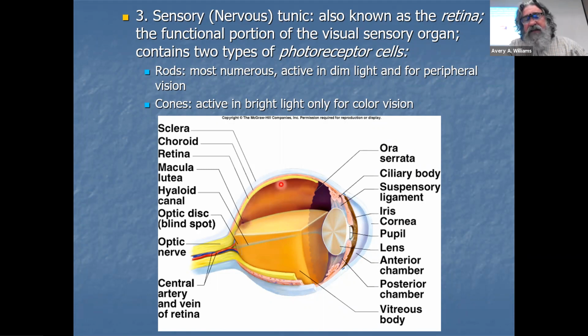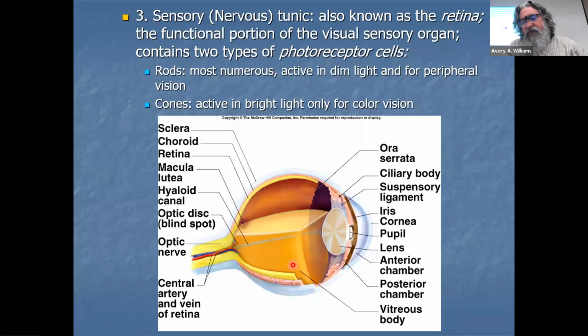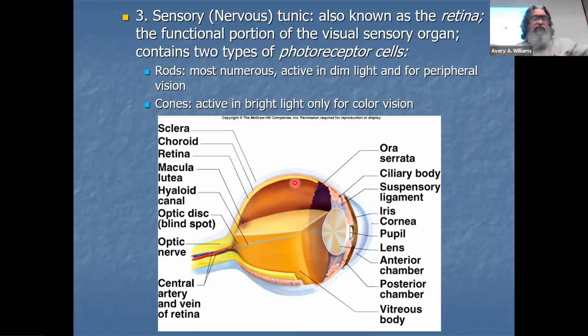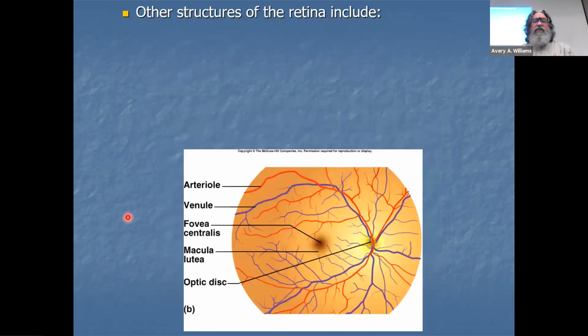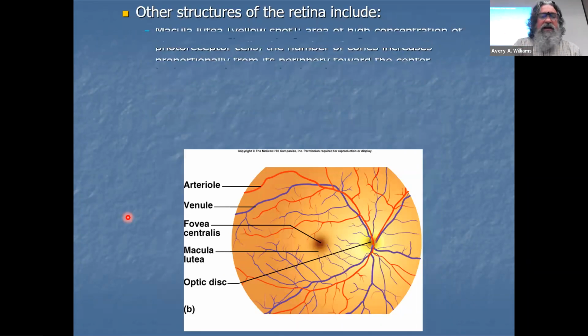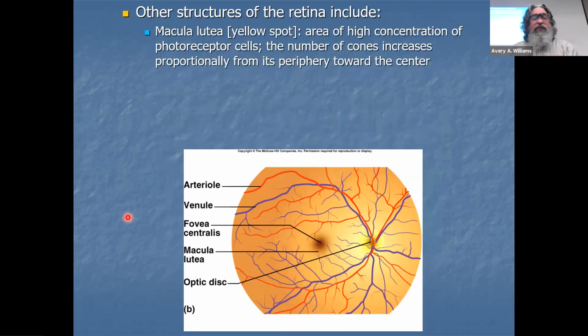And so up in this area here and this area over here, this is peripheral vision. So peripheral vision here, peripheral vision here. And up in those areas, you would have just mostly rods. But your cones are like right there, all right? Now, structures associated with the retina include that bullseye I was telling you about.